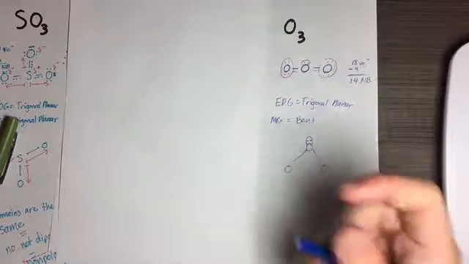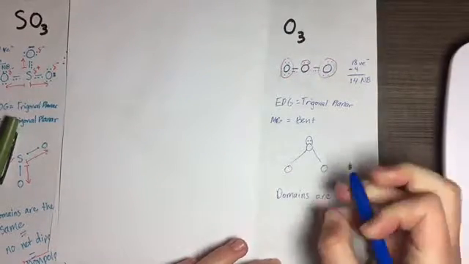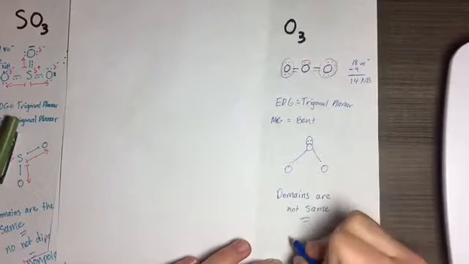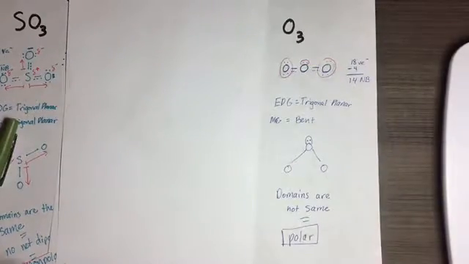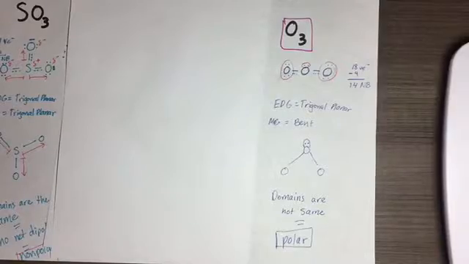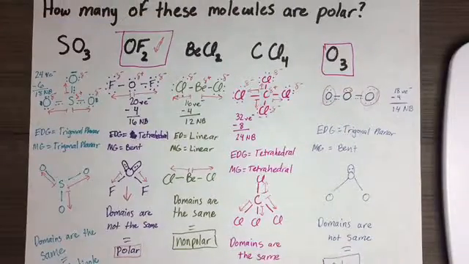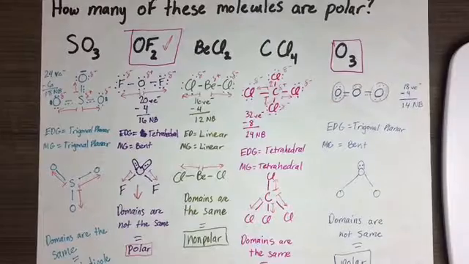However, our domains are not the same because we have that one non-bonding pair at the top, which makes this a polar molecule. So that makes OF2 and O3 polar molecules in this situation.